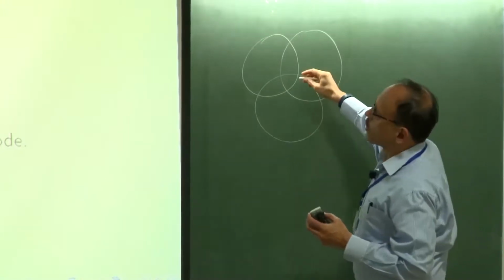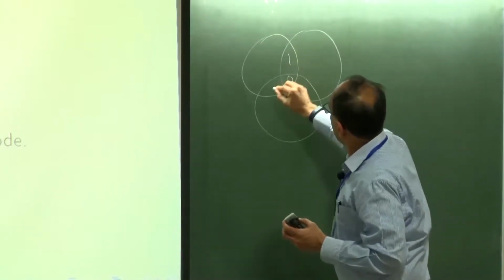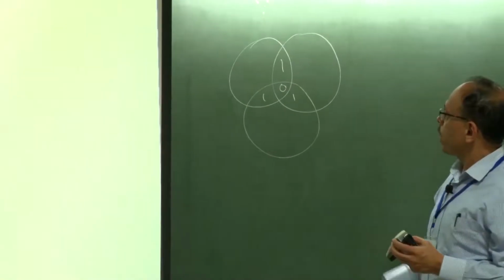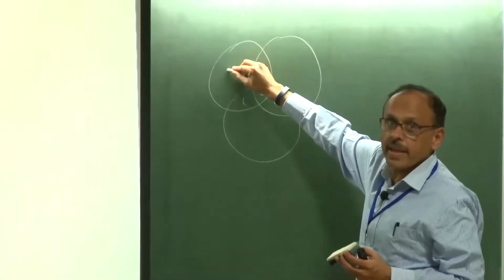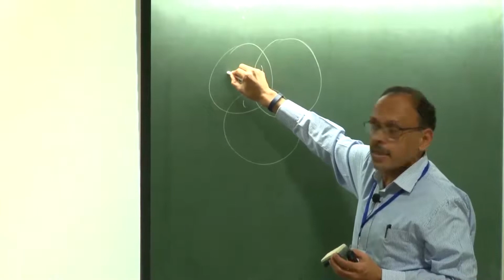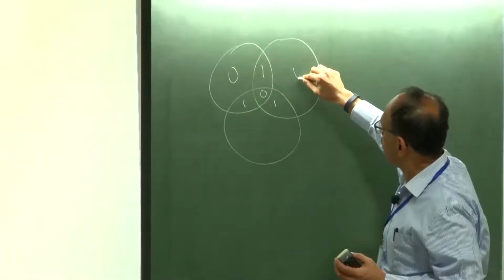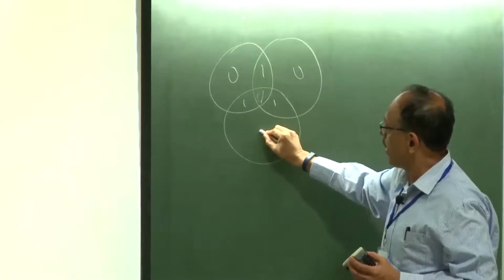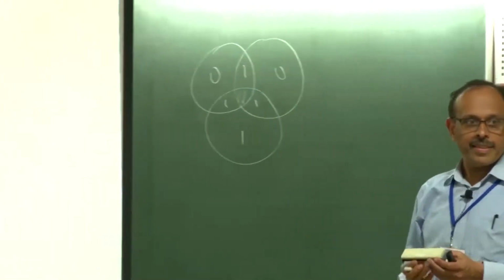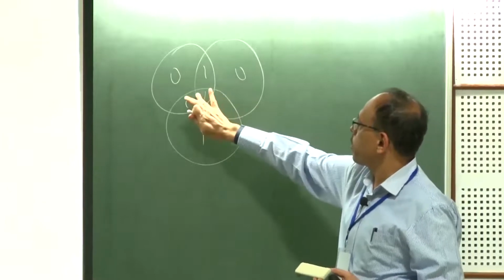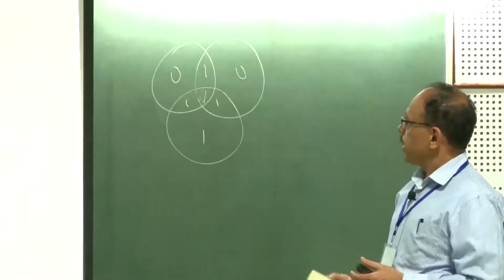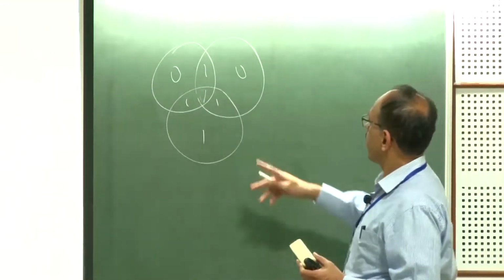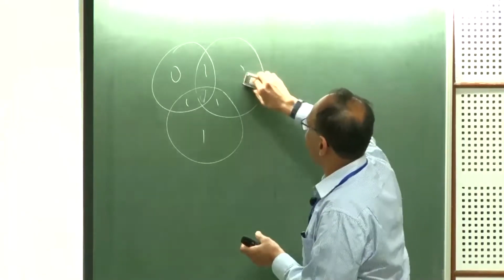Assume that we have 1 0 1 1. What's the parity here? 0 here. Let me put 1 here, then the parity here is 1. So this is one code word, and all the parities are 1.